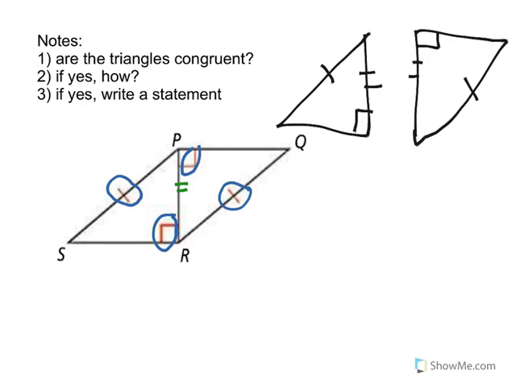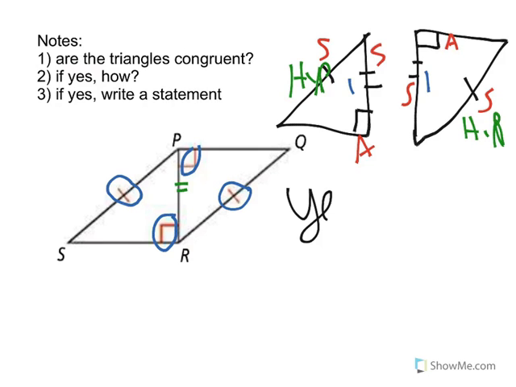So S, S, A, S, S, A. So this is not one of our choices, SSA or ASS. That does not work. But these are right triangles, where this would be your hypotenuse, and this is a leg.